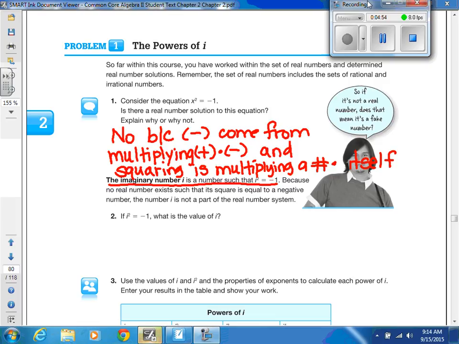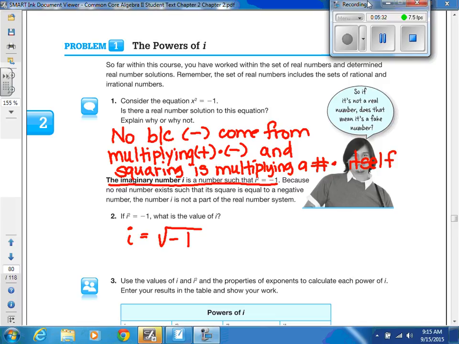So, if i squared equals negative 1, i equals the square root of negative 1. So if you have a negative inside that square root, now we can find a value for it. Now we can say, okay, it may not have a real square root, but it does have a square root. It's just not real. All right?